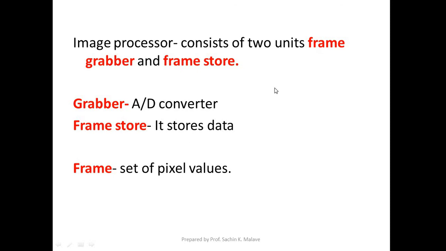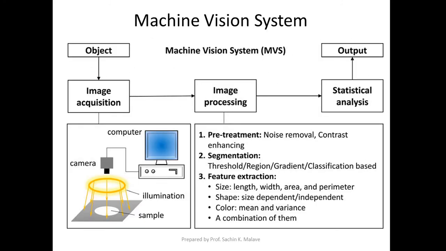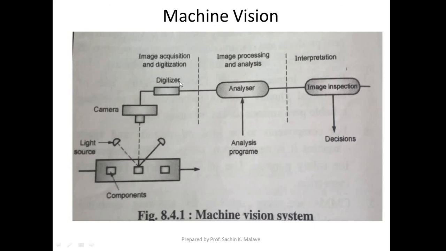The grabber is the A to D converter, that is the analog to digital converter. We are still in the first unit, image acquisition and digitization.